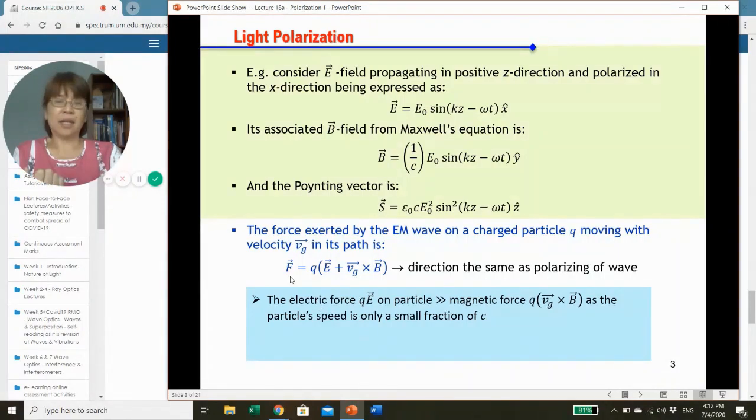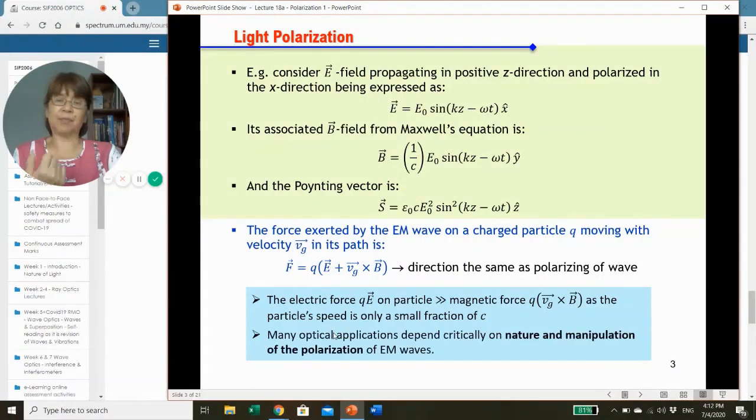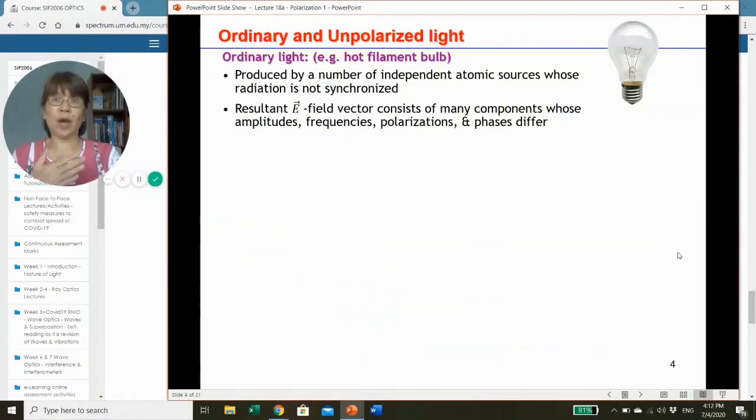So the force exerted by the electric field would be stronger. And a lot of optical applications depend very much on the nature and the manipulation of the polarization of the EM wave. That's why polarization is an important topic.